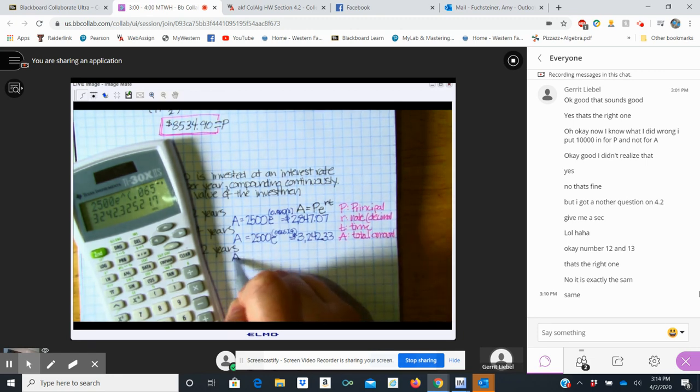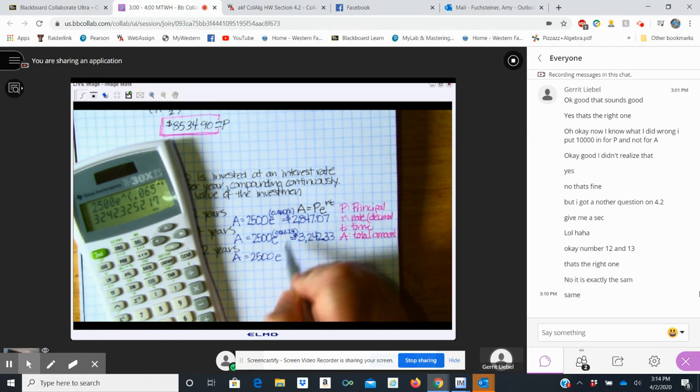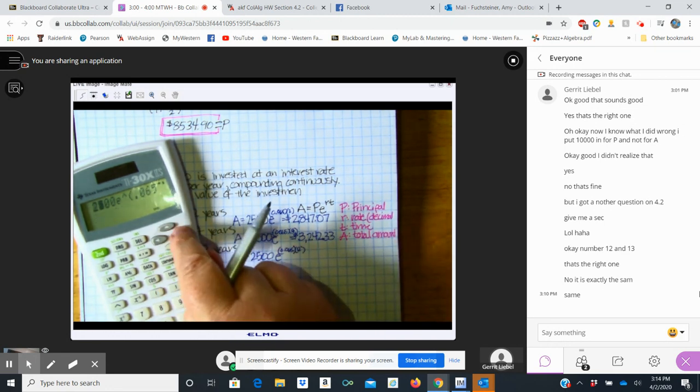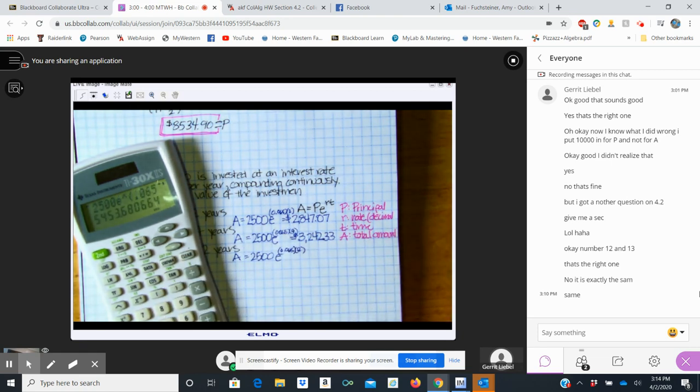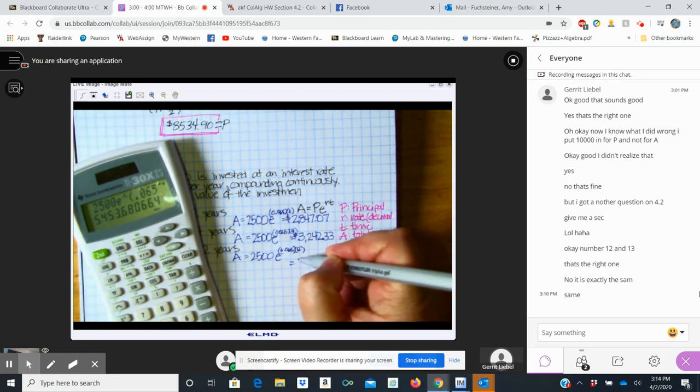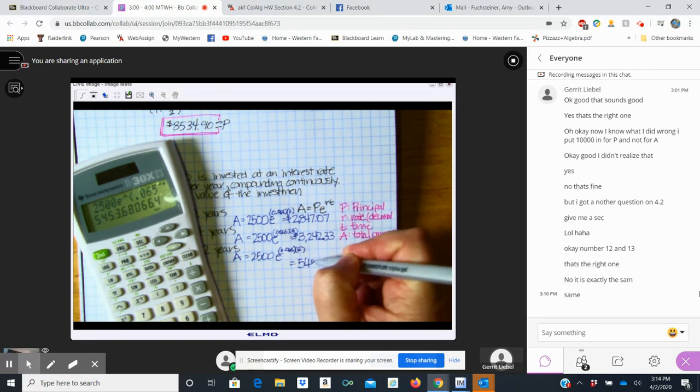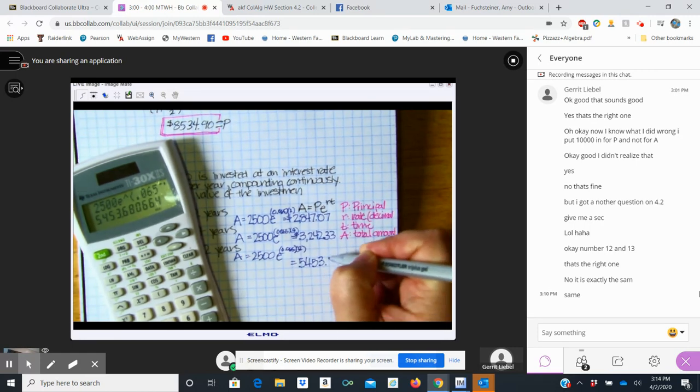And then the last one is just 12 years, so 0.065 times 12, to get $5,453.68.